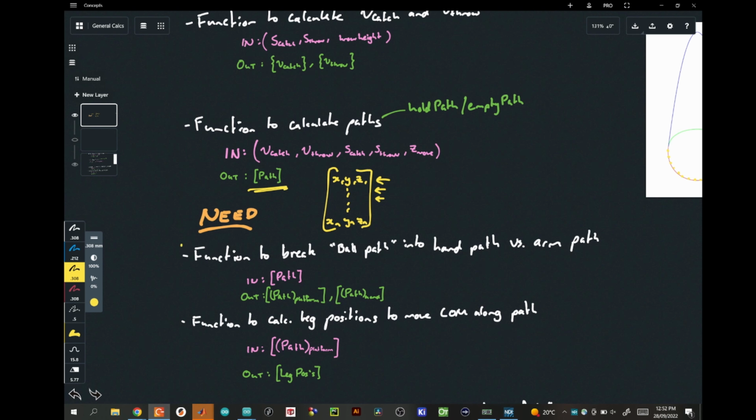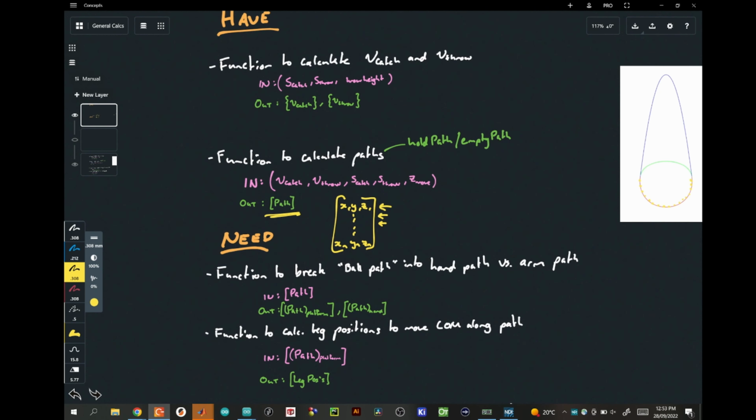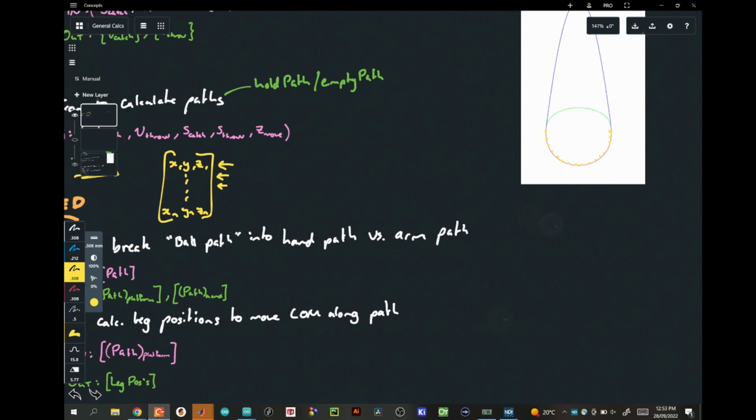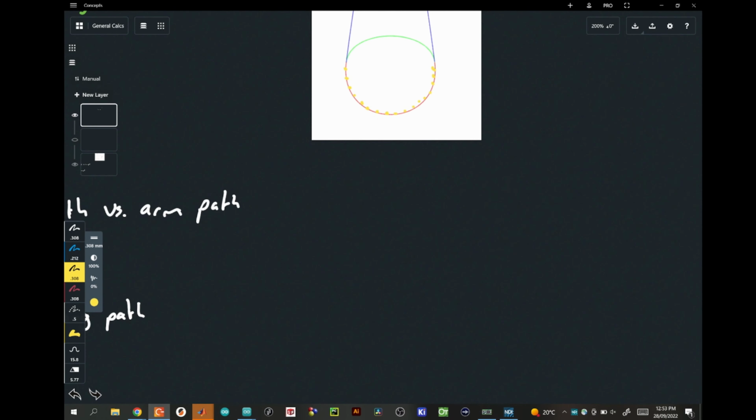As for this first function here, breaking the ball path into the hand path and the arm path, I'm actually not 100% sure how I'm going to do that yet. The general structure is that the arm path can be whatever I want it to be, but the hand path relative to the arm path can only be a straight line, because the way that I'm designing things is that the hand can only move straight relative to the path that is being moved around by all of the legs.